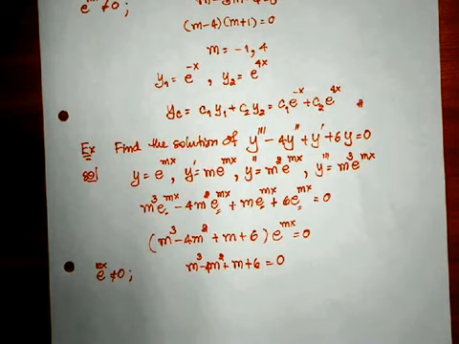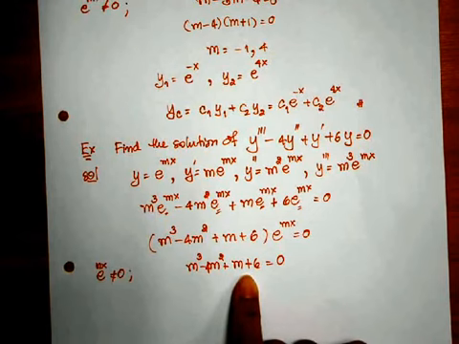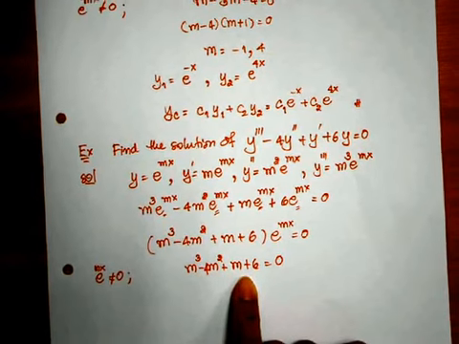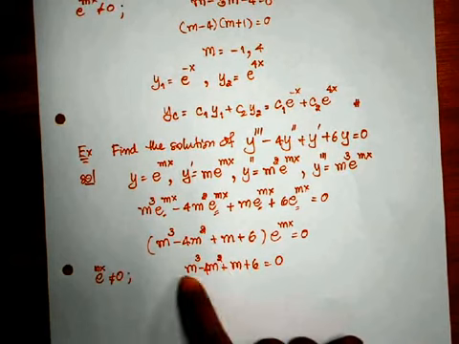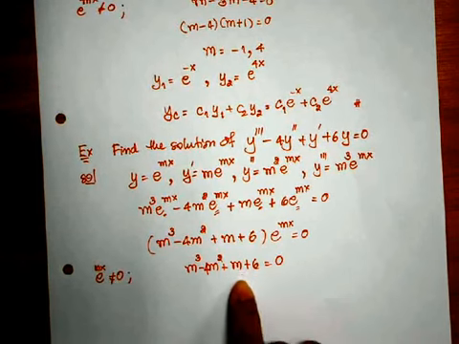Now the way is that we just try to assume values of m to see what can be the root. If I put m equal to 0, can 0 be a root of this equation? It can't, because when you put m equal to 0 there, 6 equals 0, which is not true. So m equal to 0 is not a root. You can try plus 1 or minus 1.